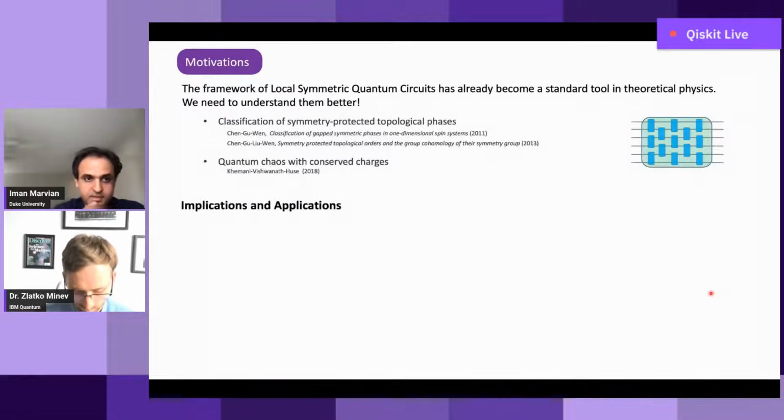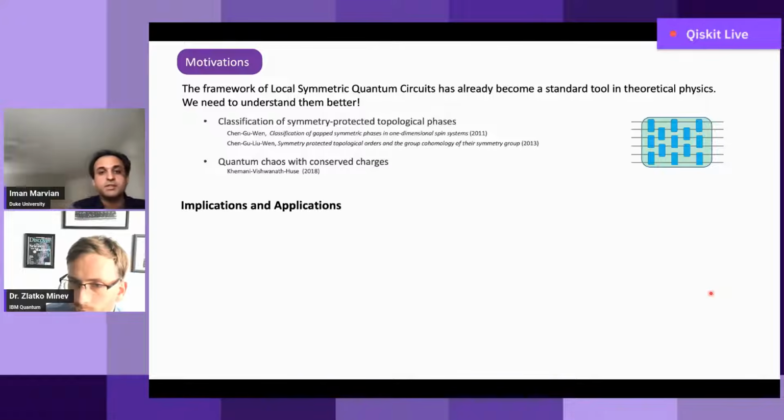Okay, let's start. Let's first talk about motivations. Why we should study local symmetric quantum circuits. First of all, this family of circuits has already become a standard tool in theoretical physics. They are used, for example, in different areas of condensed matter theory.